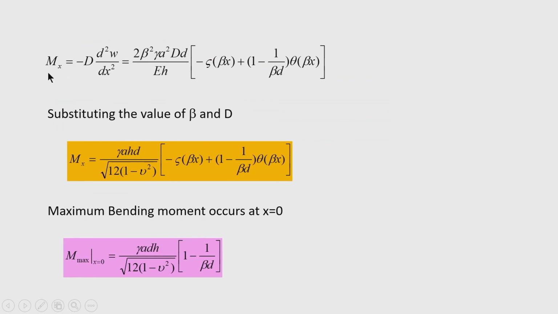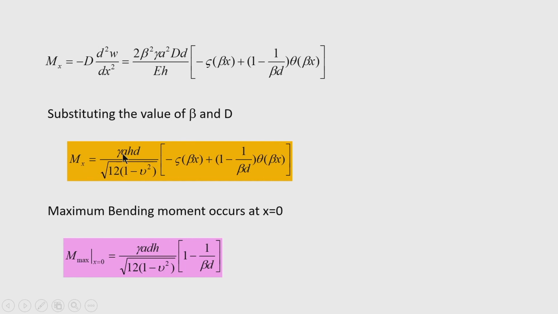We now write the bending moment in the shell as 2 beta square into gamma a square capital D into small d divided by E h into minus xi beta x plus 1 minus 1 by beta d theta beta x. Substituting the value of beta and D, again it can be expressed in another form.